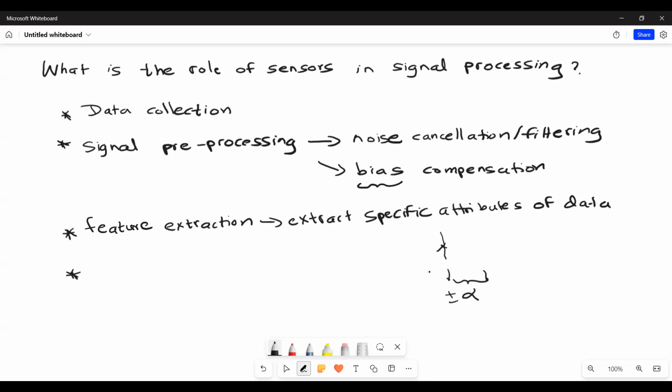So likewise, there are many places where we do signal processing related activities, I mean, at the sensor node level. We can do those kinds of processing at the sensor node level itself, and then send that signal over to another location.